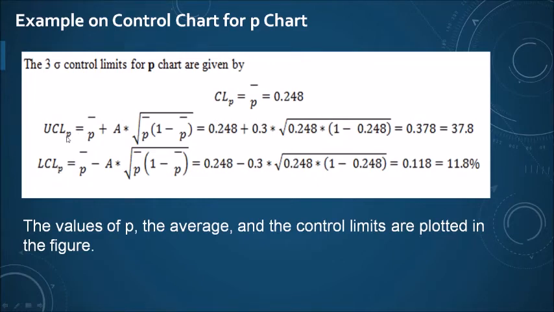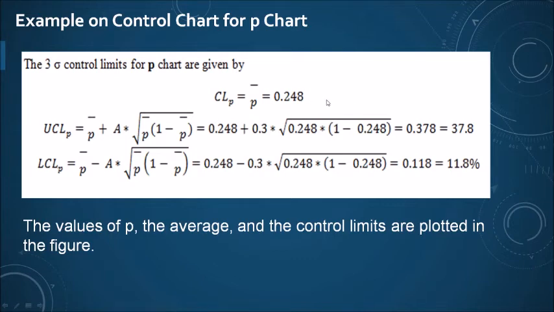Then the upper control limit is P bar plus A into square root of P bar into 1 minus P bar, and if we put all those values, you will get 0.378 or 37.8%. Similarly, the lower control limit is computed, which comes out to be 11.8%. So the lower control limit is 11.8%, the upper control limit is 37.8%, and the central line is 24.8%.